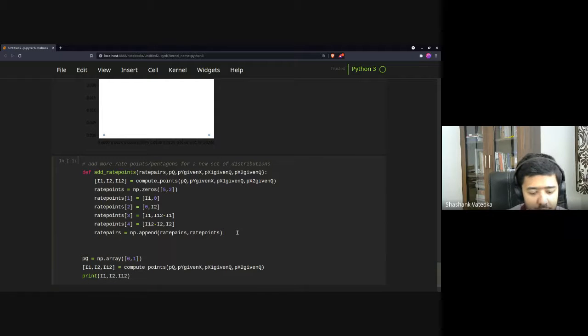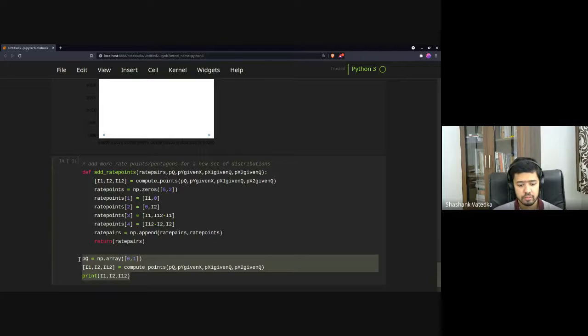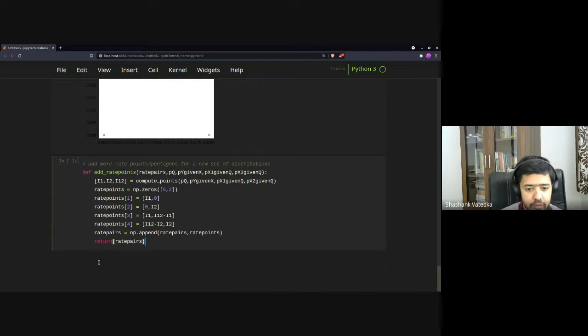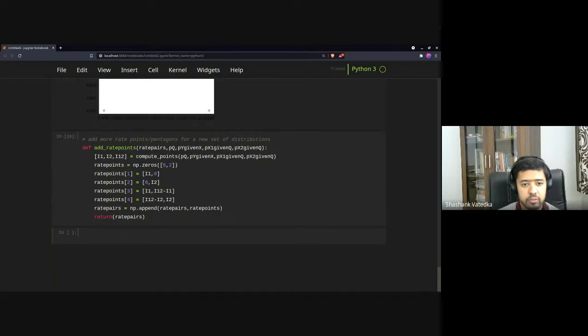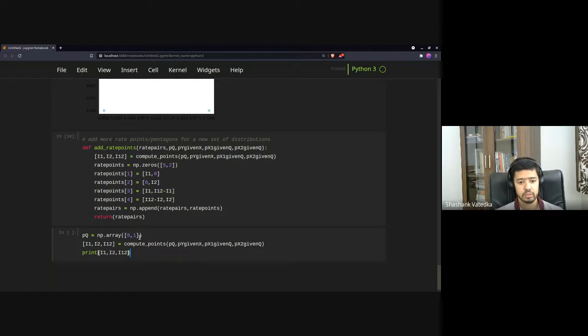Let me see. Okay, so for this, I'm going to get one set of rate pairs. I've already computed one set of rate pairs.